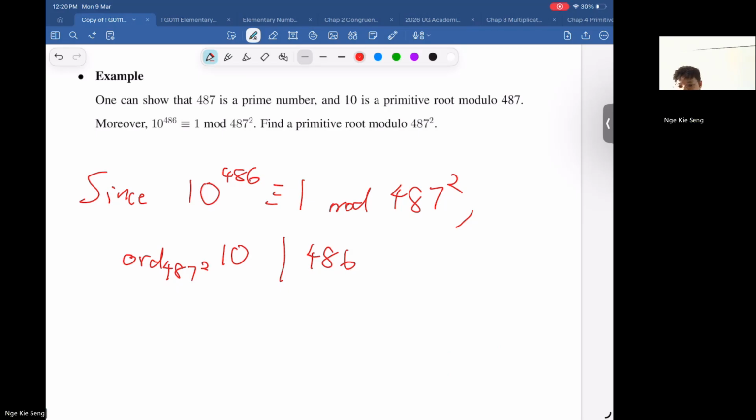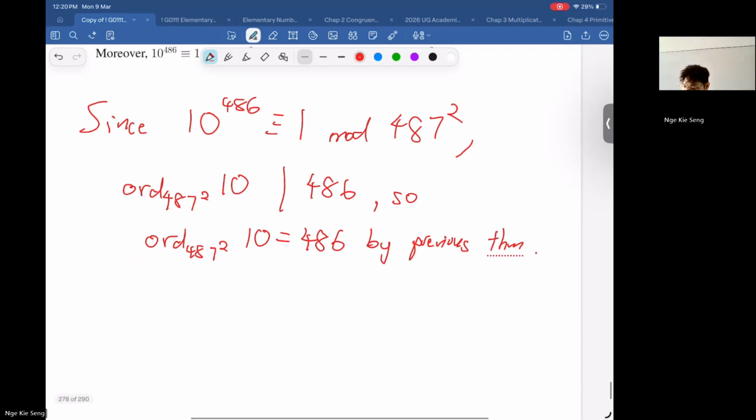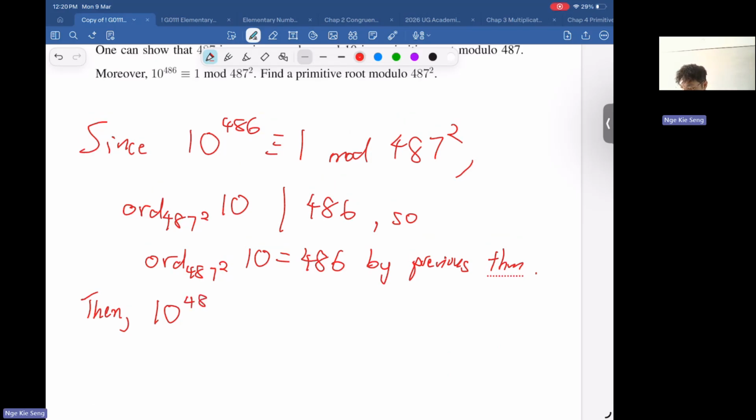By the previous theorem, it has to be 486, because there are only 2 possibilities: p minus 1 or p squared minus p. Then 10 is not a primitive root mod 487 squared.